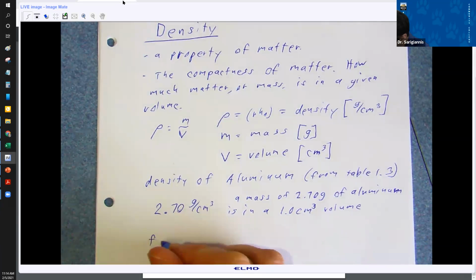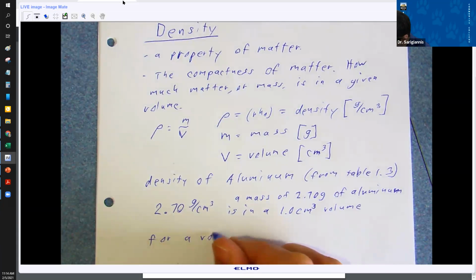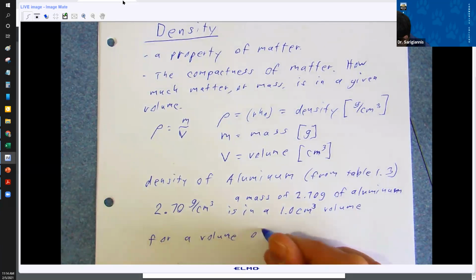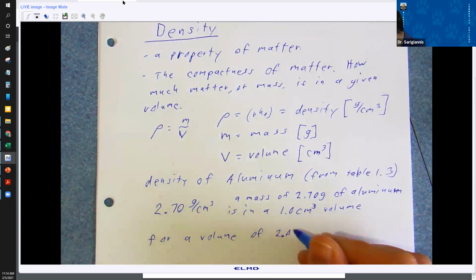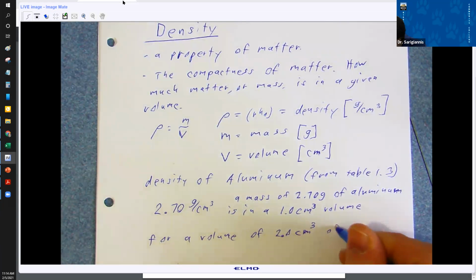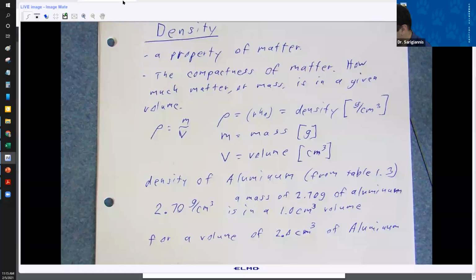So if someone were to ask you for a volume of 2.0 cubic centimeters of aluminum, what is the mass?